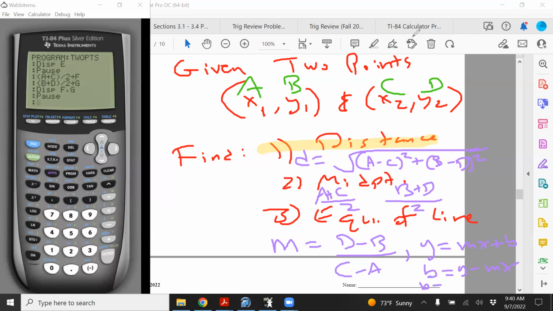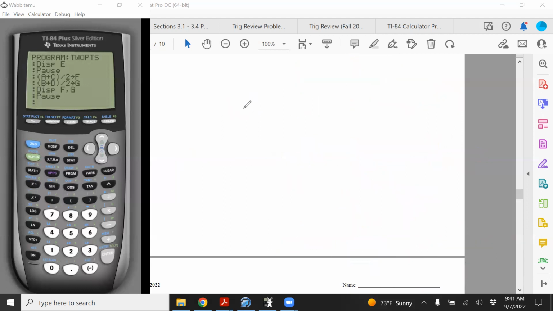All right, let's see if this works. Let me clear this. So hold on one sec, guys. No, come on. Give me one sec. Right, and then we're gonna do this.